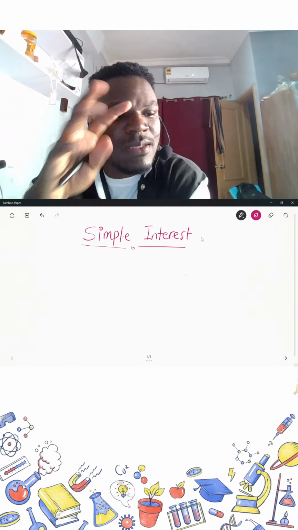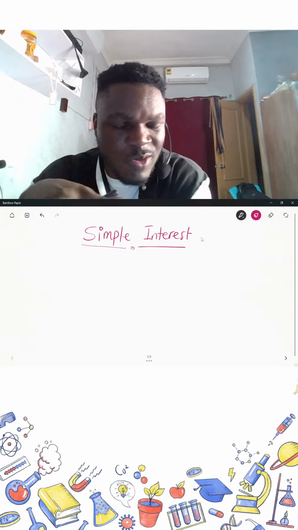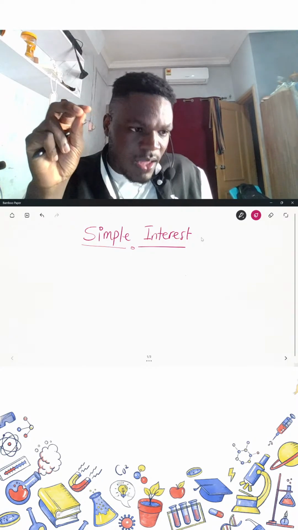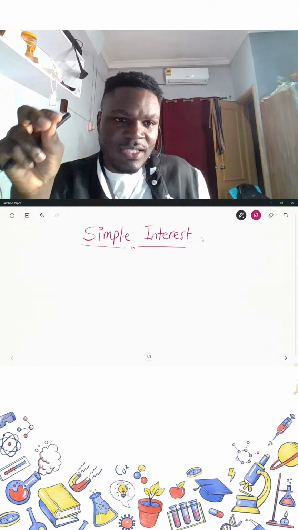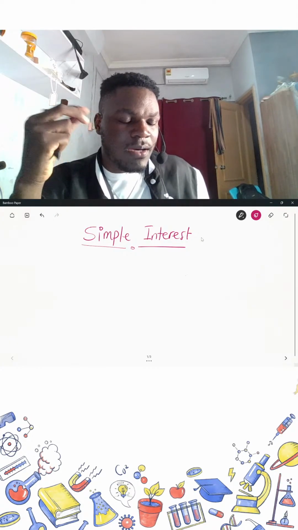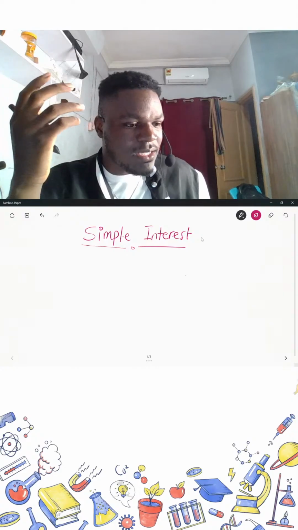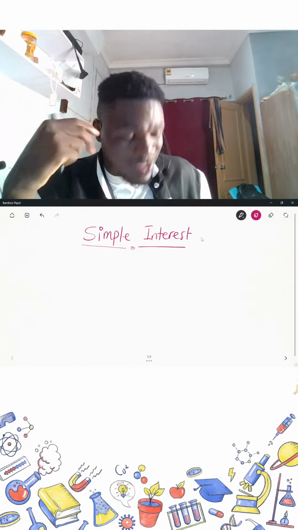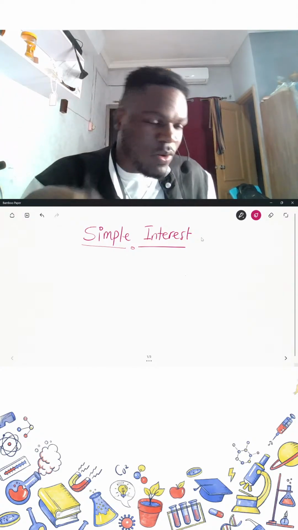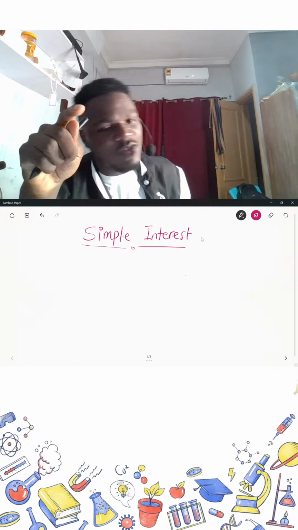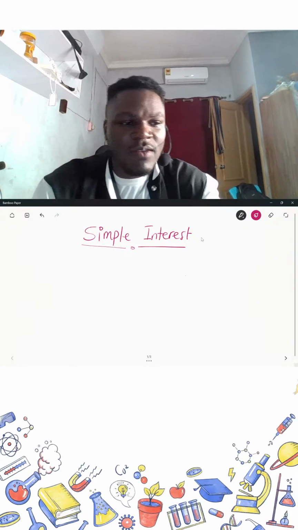Then we'll look at some basic questions on simple interest. So if that interests you, please get a pen and a piece of paper, and we will begin very shortly.